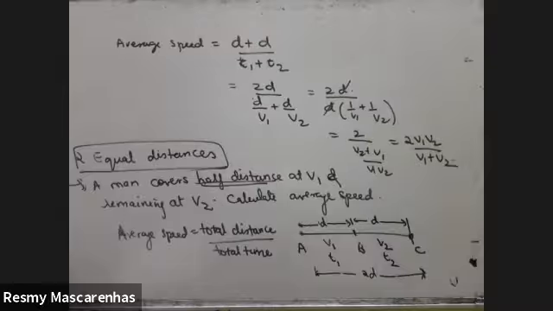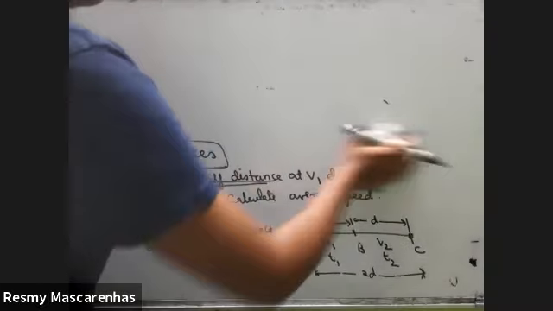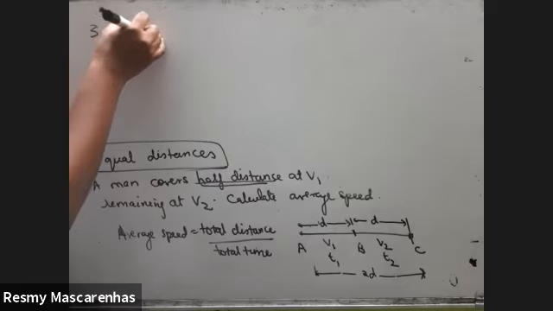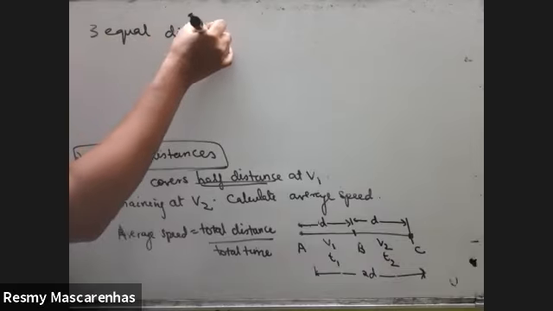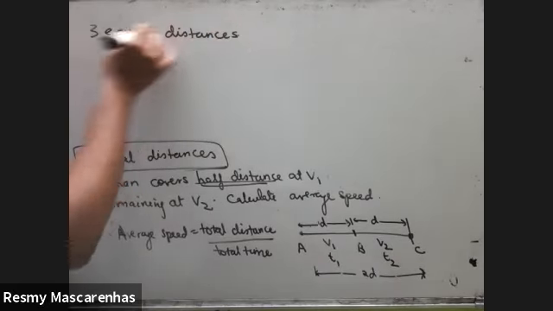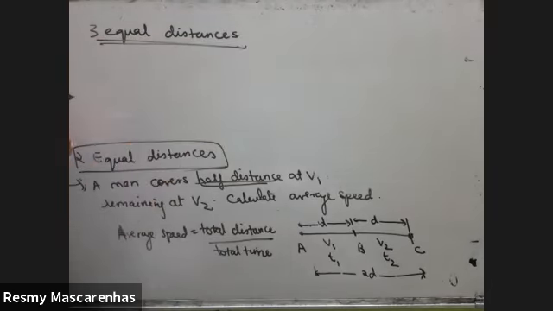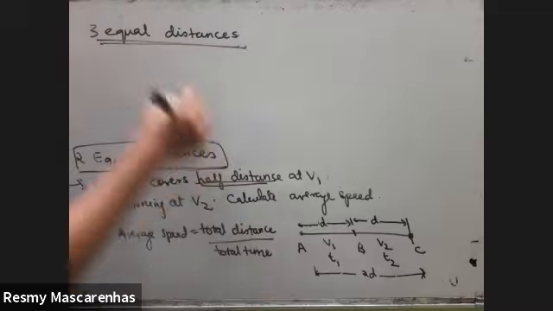Now suppose you have three equal distances. Different distances will have different speeds, so we'll assume the first one would be V1, V2 and V3.